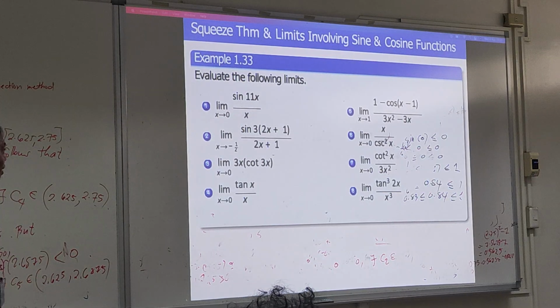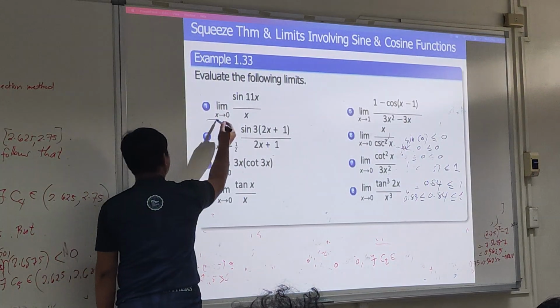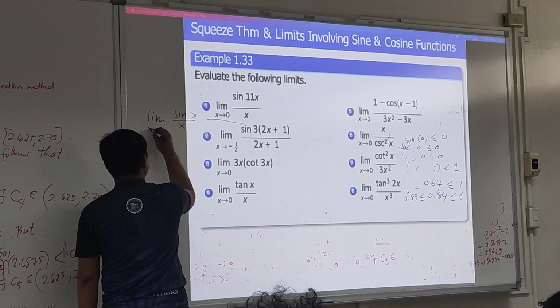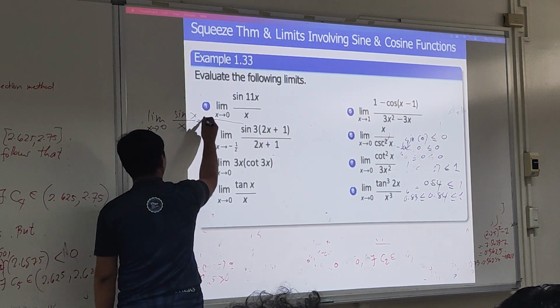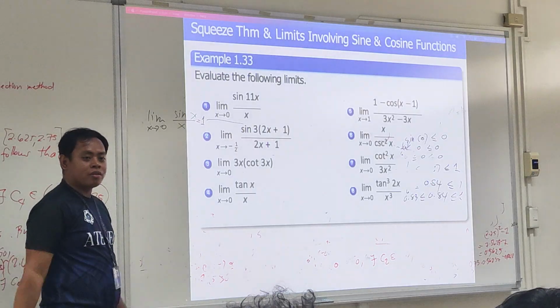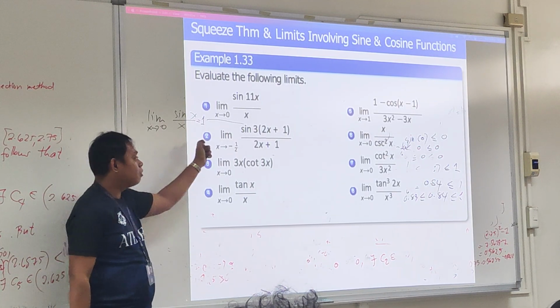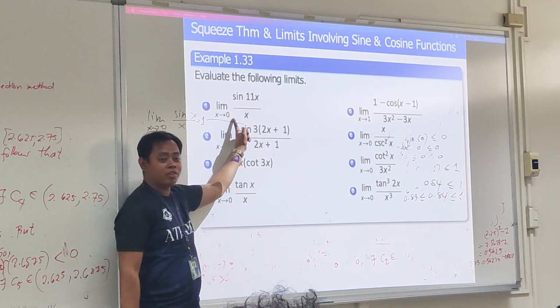So, basically for this one, we need to use the limit of sine x over x as x approaches 0, which is equal to 1. So your angle should be the same as the denominator. Take note, your angle should be the same as the denominator.